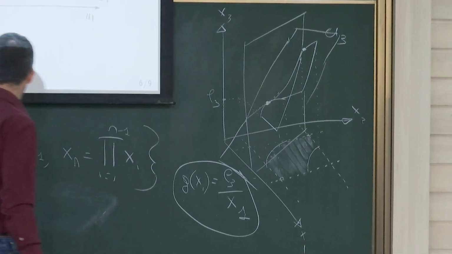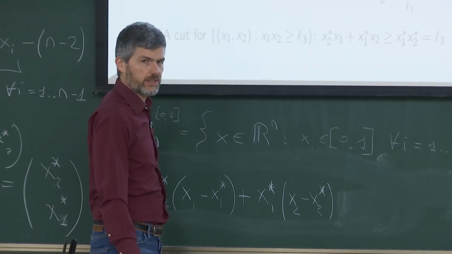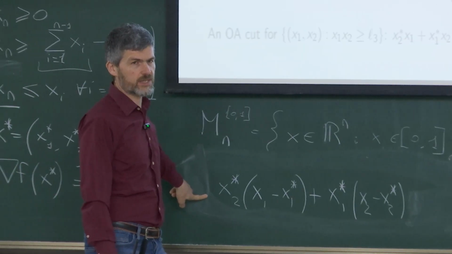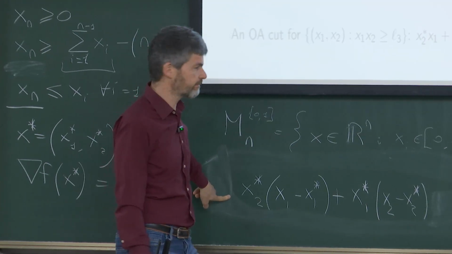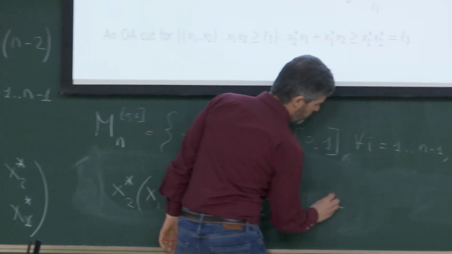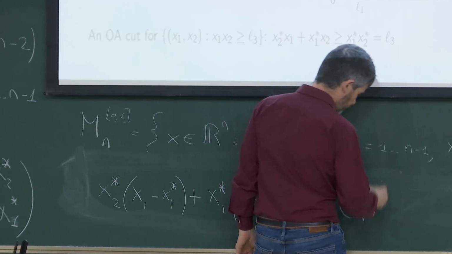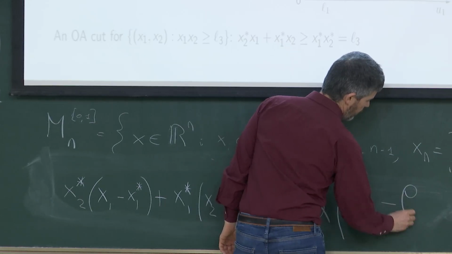In other words, we want it to be like this when x2 times x3 is equal to L3, and we want it to be slightly different when x1 times x2 is equal to U3. So we want to sum an alpha, which we need to find, multiplied by x3 minus L3.